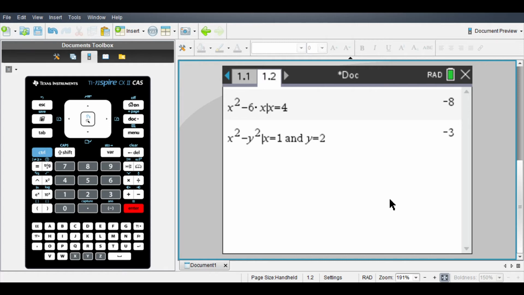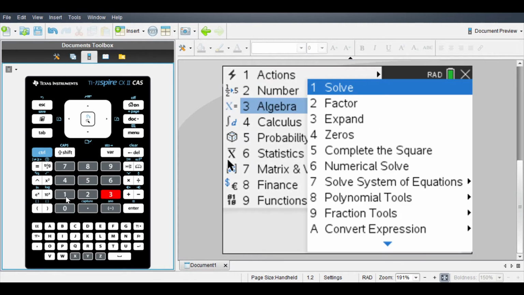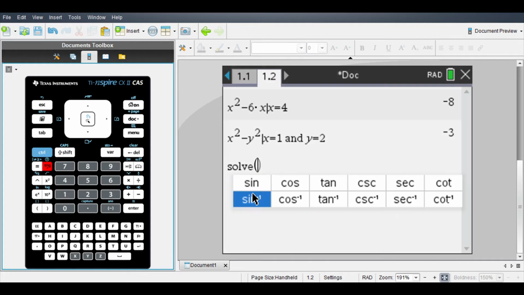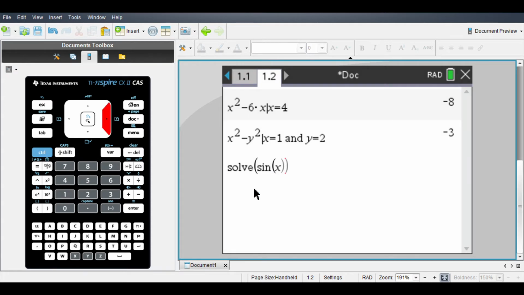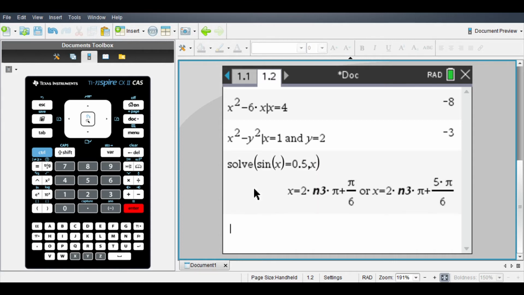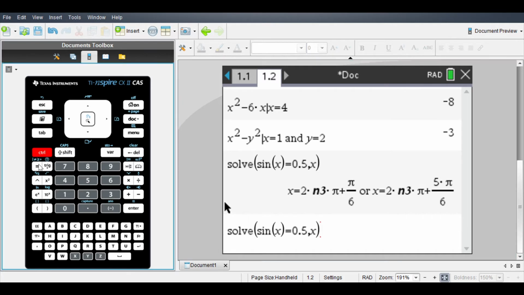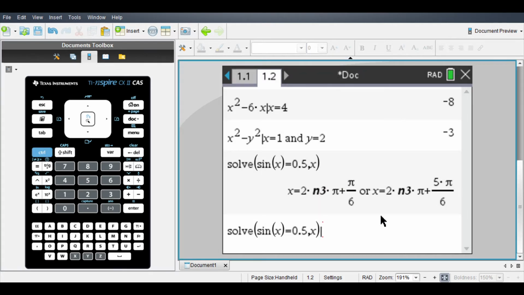So next, I'll talk about how to use the given operator to establish constraints. So consider this trigonometric equation, sine x equals 0.5. If you just hit enter now, it'll give you the general solution. But say you only want the solution in the first quadrant, and you can use the given operator to establish this constraint.